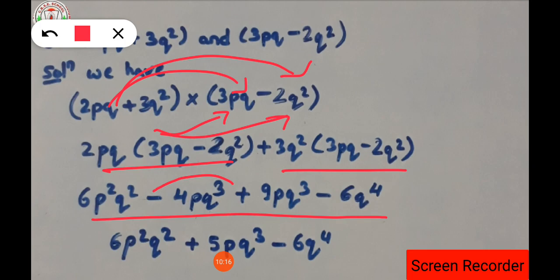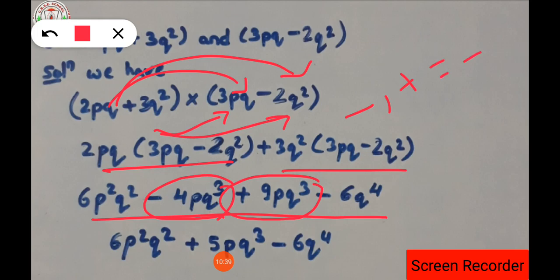Now here this minus 4pq square and plus 9pq, it's not a square, it's a cube. So minus 4pq cube and plus 9pq cube are like terms. So plus and minus will become minus.